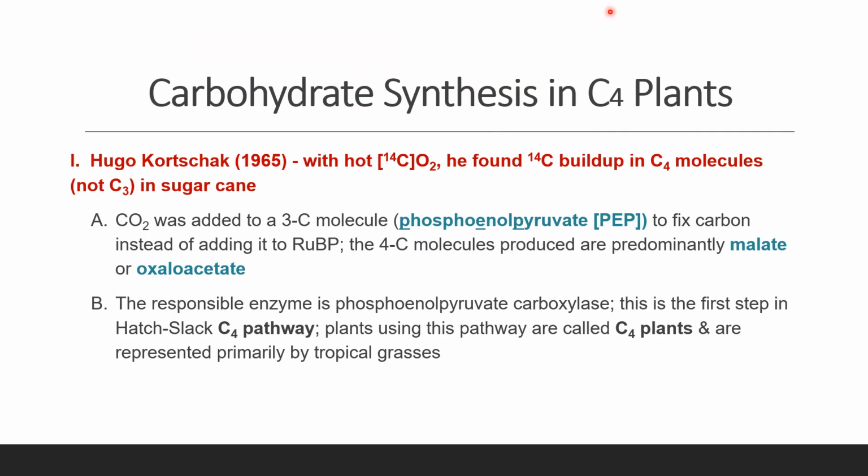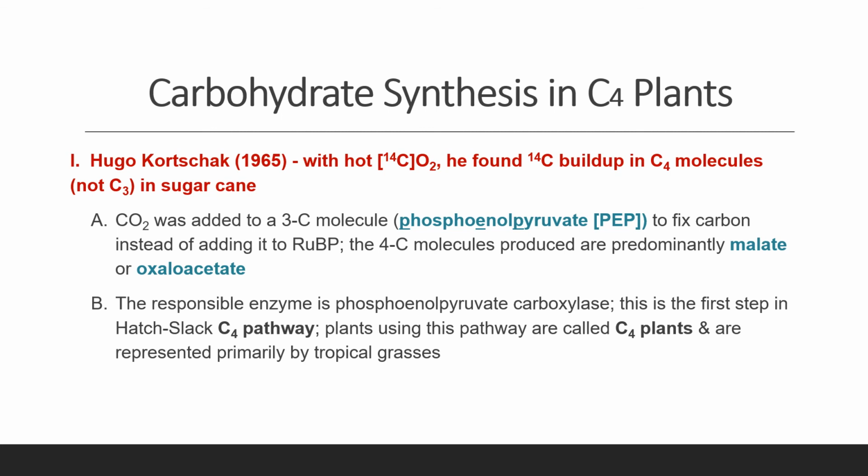Okay, so the carbohydrate synthesis for C4 plants. In 1965, Hugo Korczak reported that when sugarcane was supplied with radioactive CO2 isotope, its radioactivity first appeared in organic compounds containing 4-carbon skeletons rather than the 3-carbon PGA molecule found in other types of plants.